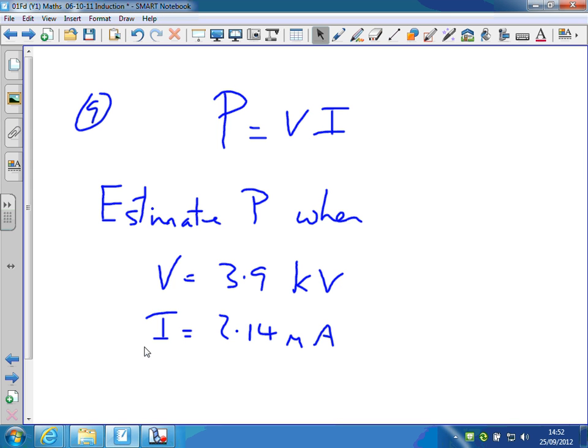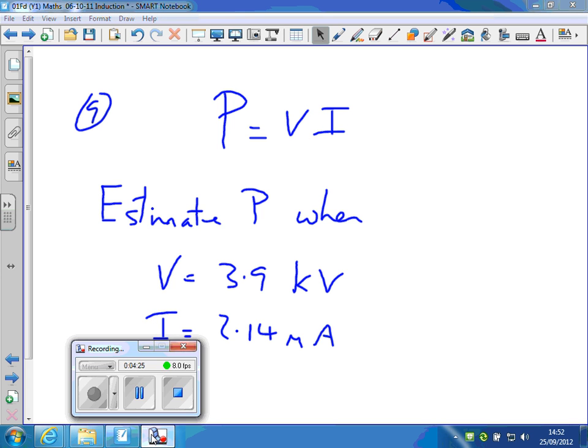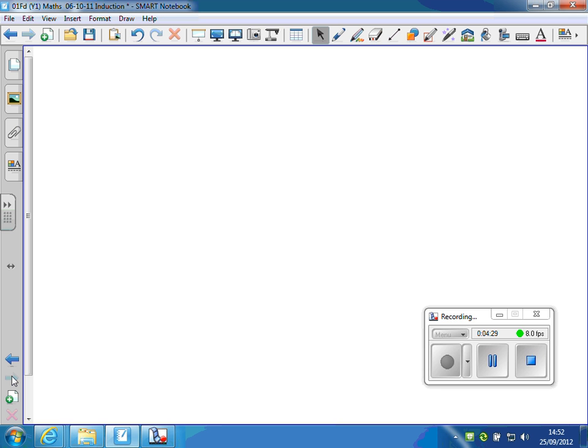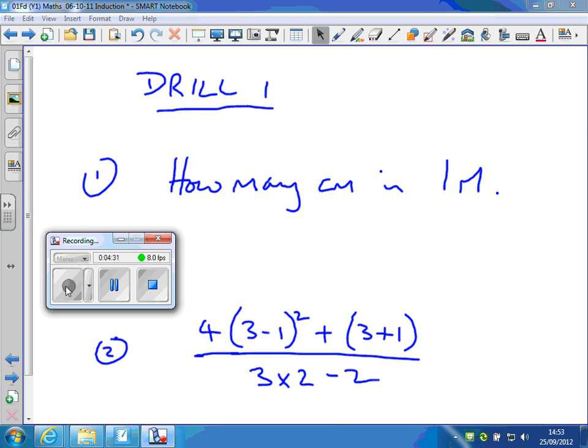What's the power when the voltage is 3.9 kilovolts and the current is 2.14 milliamps? Beware units. And that's it, 9 questions. Okay, let's have a look at them.